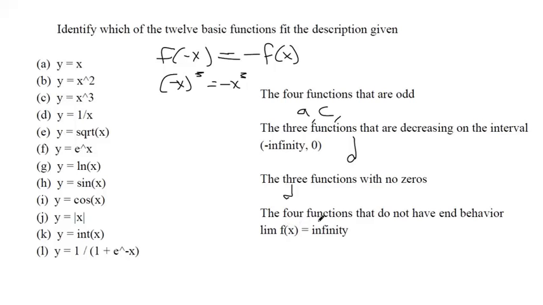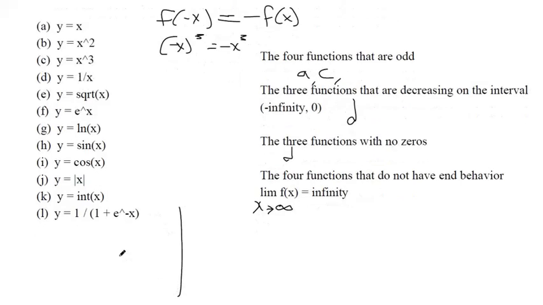The four functions that do not have end behavior limit as x approaches infinity. That's some calculus notation. I think the book does it later on. What that's saying is, look at the graph going towards the right. Look at the x values as you get bigger and bigger. So you're looking for the graph that never stops increasing. So y equals x.